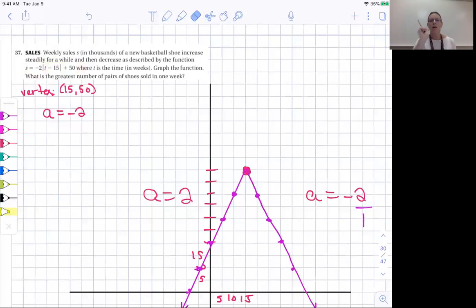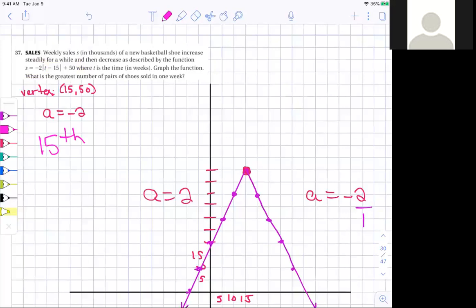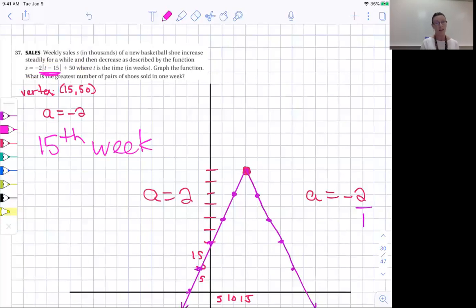Brooke, what do you think? How many shoes did we sell in 1 week? The greatest number. Would it be 15? So 15 represents the week. Oh, so it would be 50. Yeah, so the 15th week, and the reason 15 represents the week is because the t variable is really my x variable.